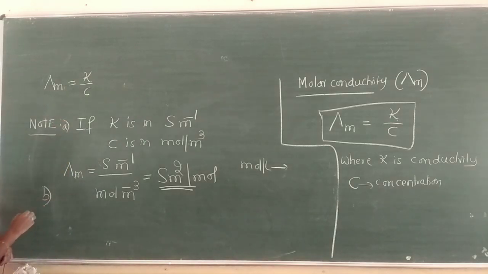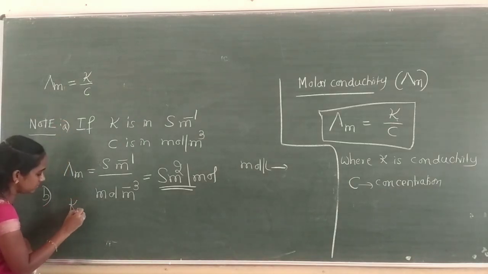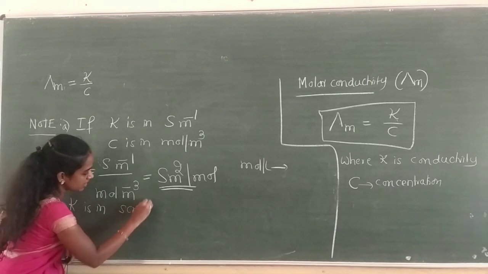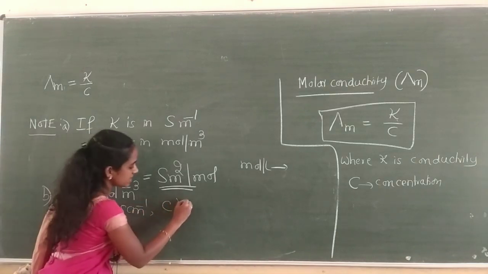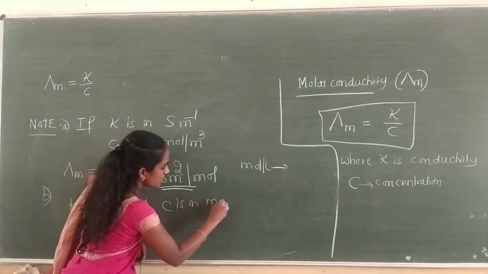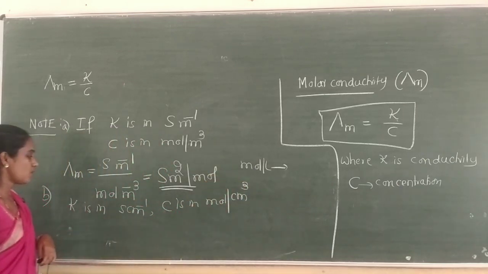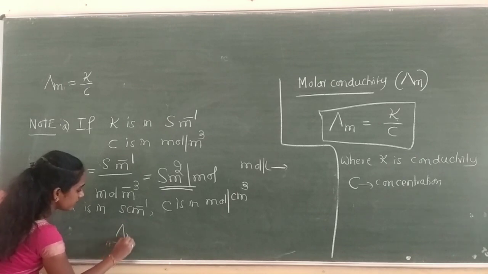Second point: if K is in Siemens centimeter inverse and concentration is given in mole per cm cube, then what is the unit of molar conductivity?